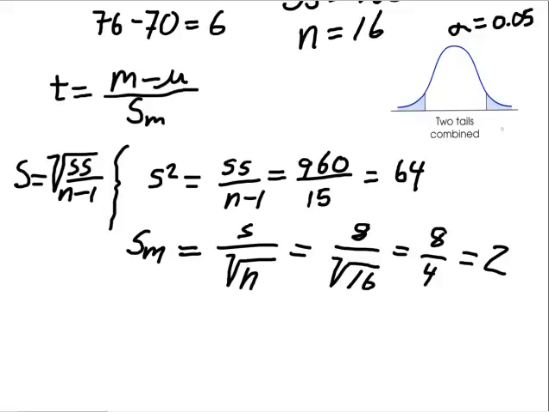And so we again look up in our table. For our degrees of freedom, it's going to be 16 minus 1, or 15. So we look up where the degrees of freedom is 15, and we find our t critical is going to equal plus or minus 2.131.